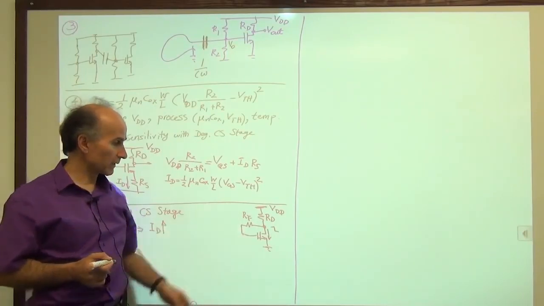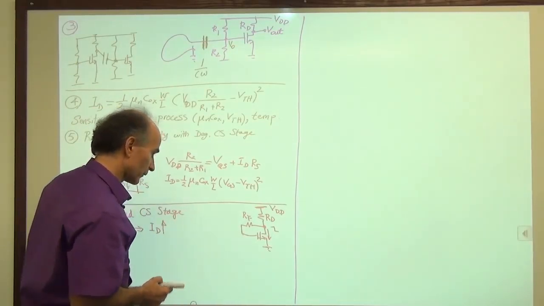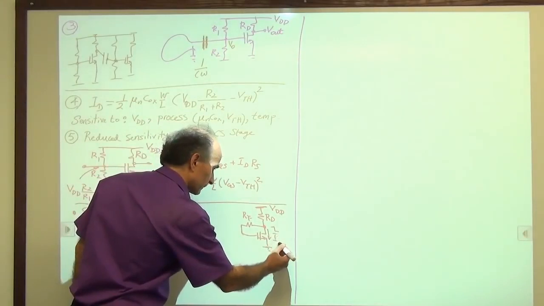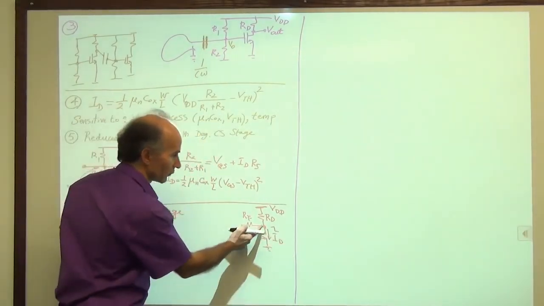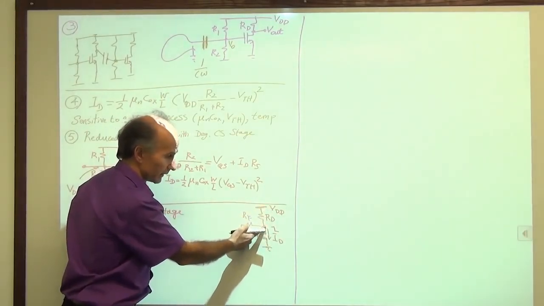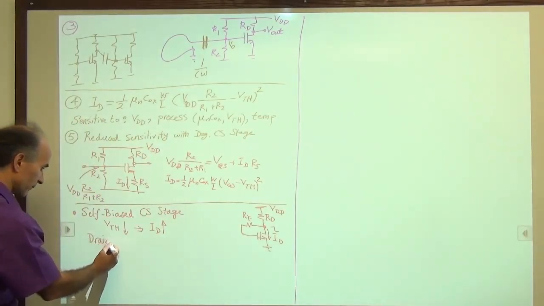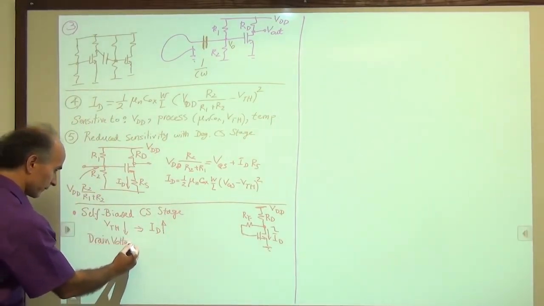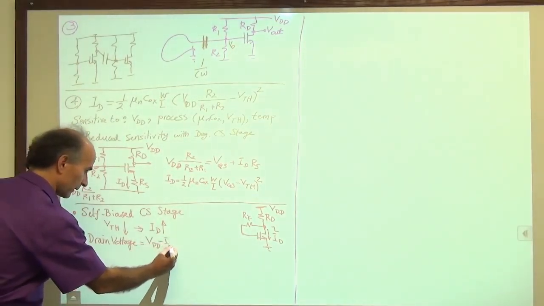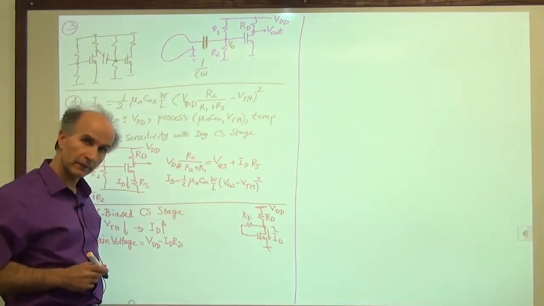Now how do we analyze this? How do we find the bias conditions for the circuit? Well, it's not that hard. Again, as usual, let's say we have a current ID here. We know that the drain voltage is equal to VDD minus RD ID.